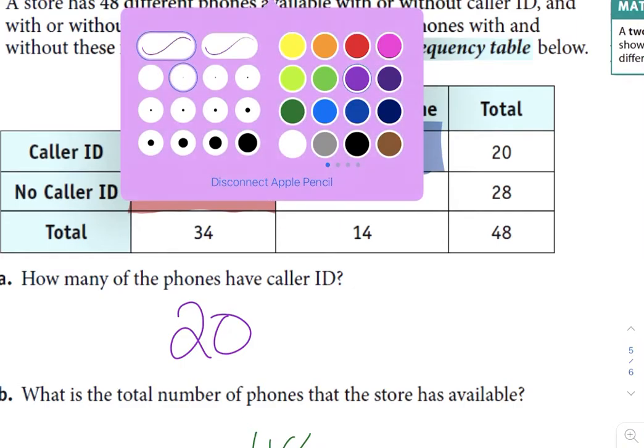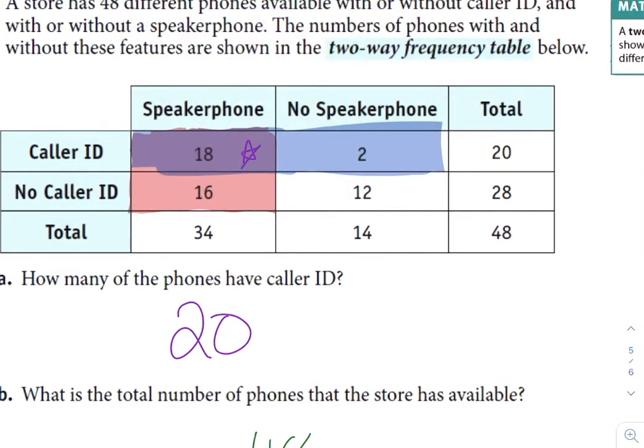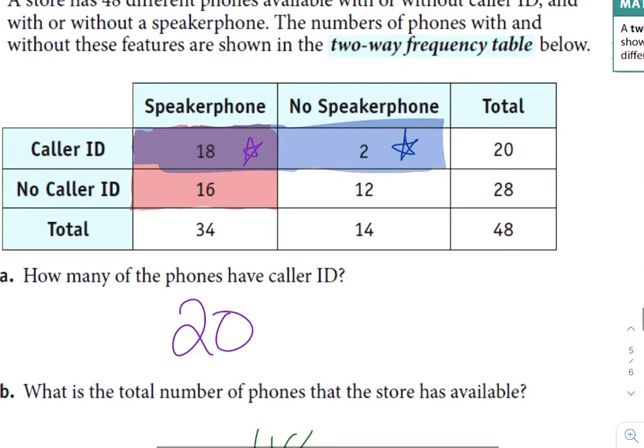So it could be that they have both caller ID and a speakerphone, which is that cell there. Or maybe, it has just the caller ID and doesn't have a speakerphone, which is okay because it could be either one and it has the caller ID. Or maybe it does have the speakerphone, which we want, but no caller ID, which again is okay because it has one of them at least, right? It could have one or both.